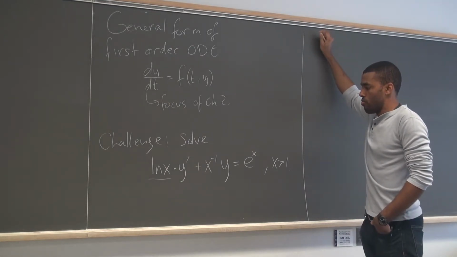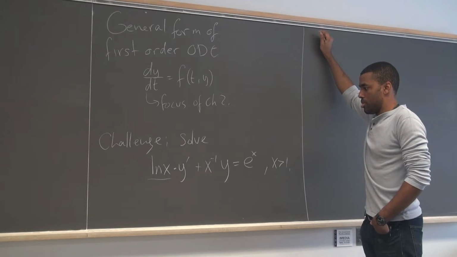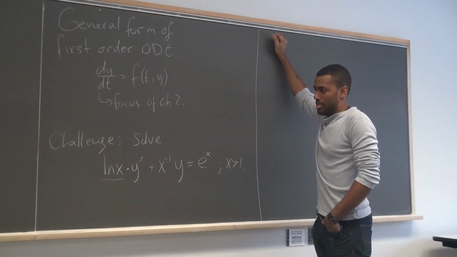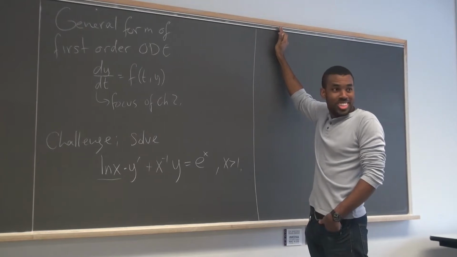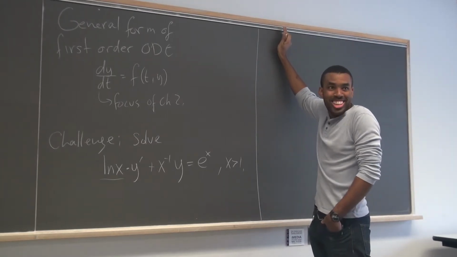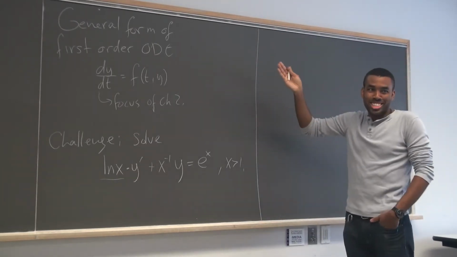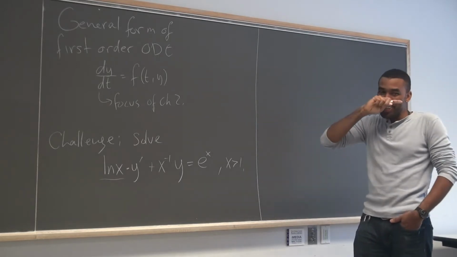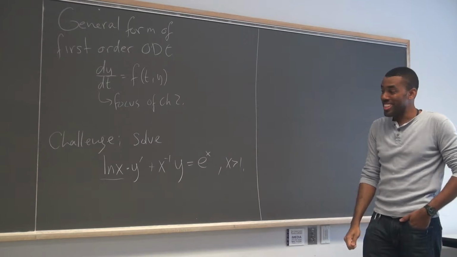Exponentiate. I mean, what are you trying to do? It's not separable. So if you're trying to use algebra to separate it, it's not going to work out for you.